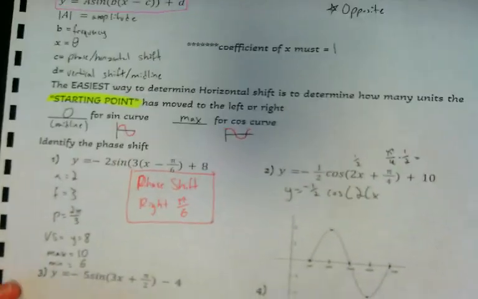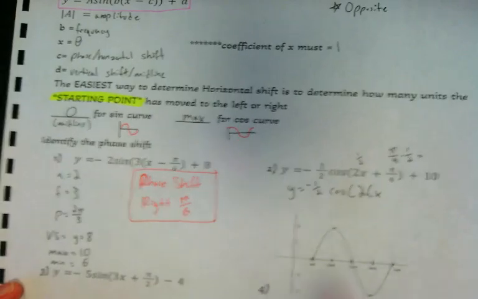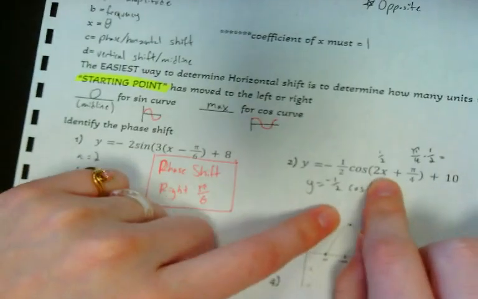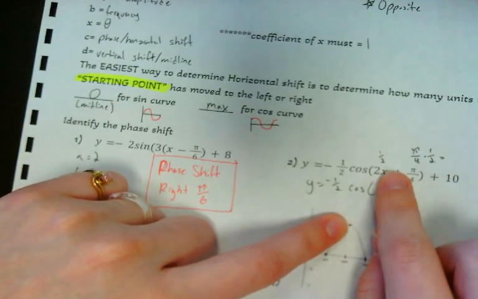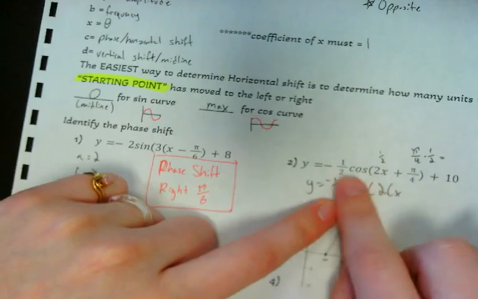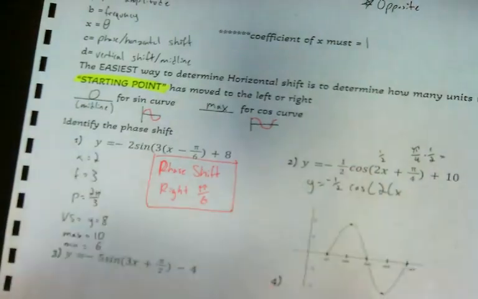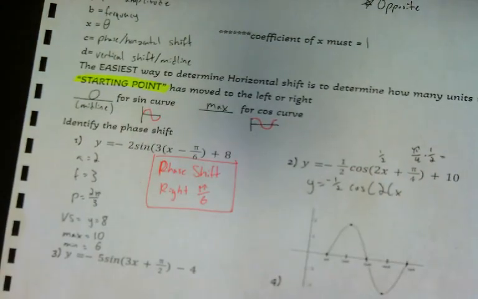I just copied the -1/2 cosine down. But I need this x to have a 1 in front of it. I need this x plus whatever to be all by itself.